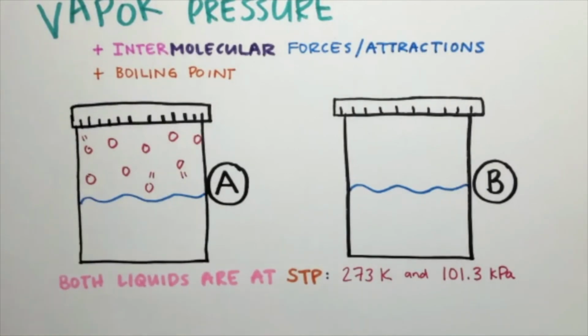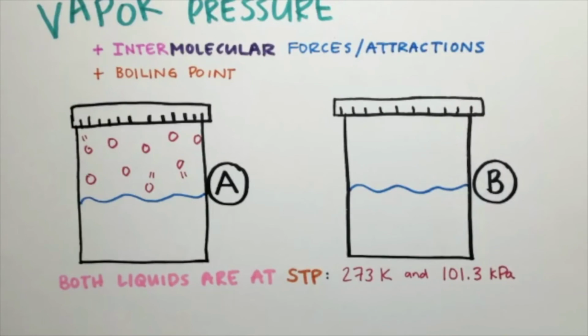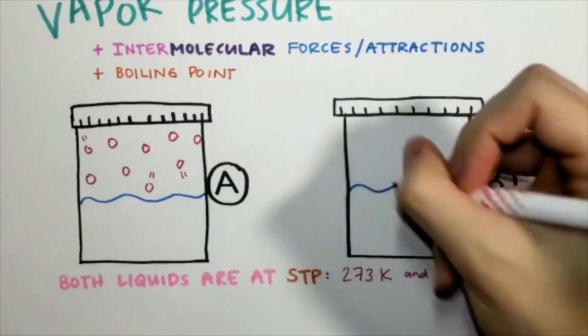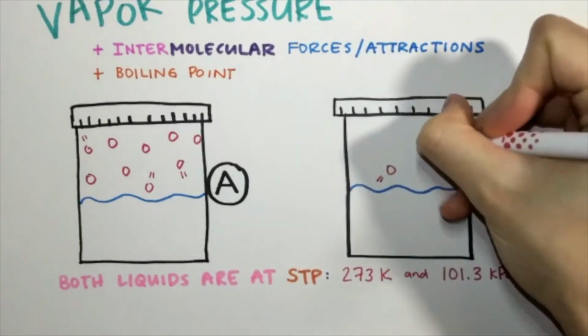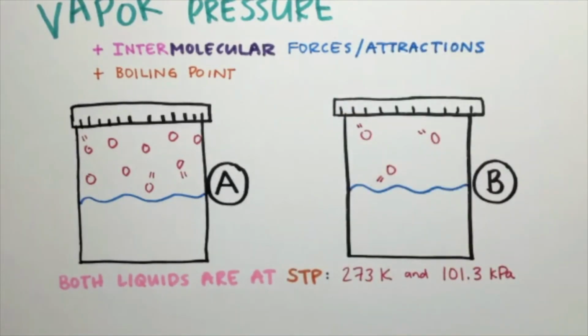Now over here on the right, let's say liquid B is something a little less stinky. Let's just say it's plain old water. If you open the cap on this jar, we know eventually water would be able to evaporate, which means there is some hidden gas above our liquid, but certainly not as much as there was for our acetone.